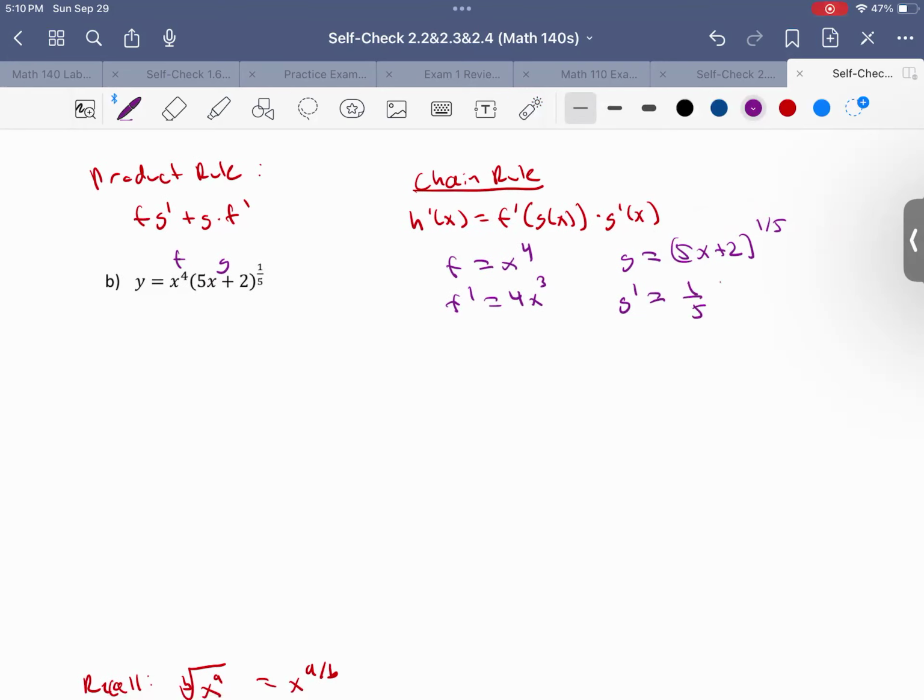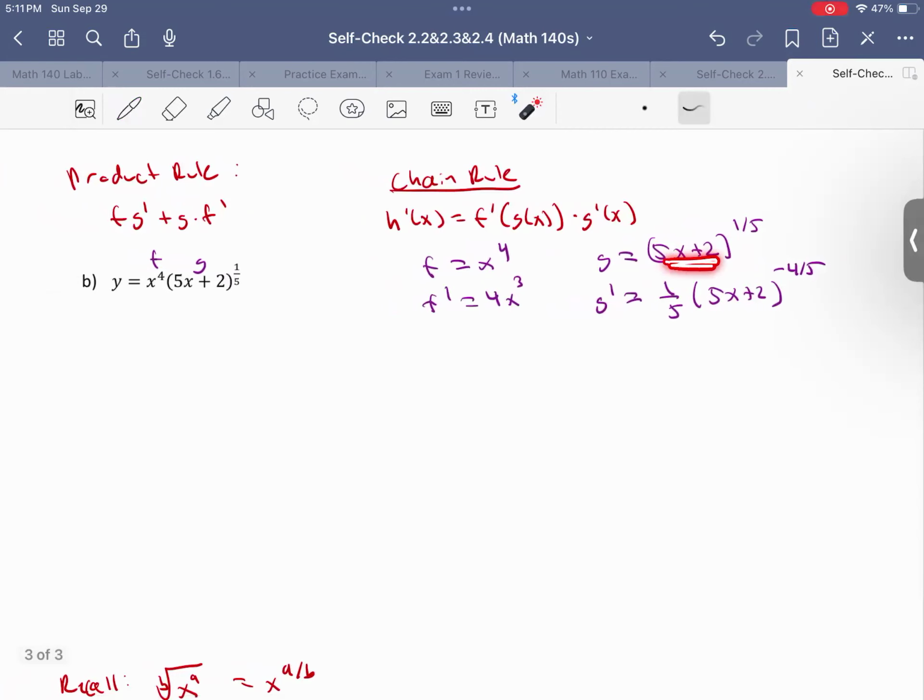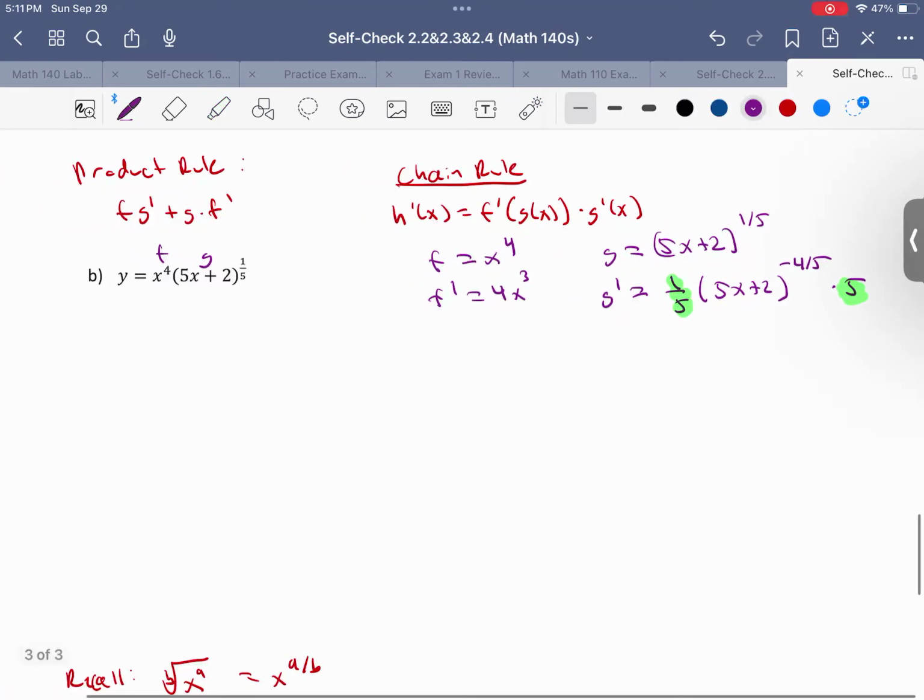So 1/5 times 5x plus 2 to the 1/5 minus 1, which is negative 4/5. But then I got to take a derivative of the inside. So luckily, that's just 5. And this works out kind of nicely because 1/5 times 5 is just going to be 1. So g prime equals just 5x plus 2 to the negative 4/5.